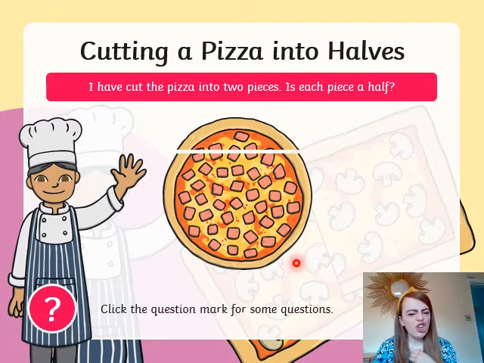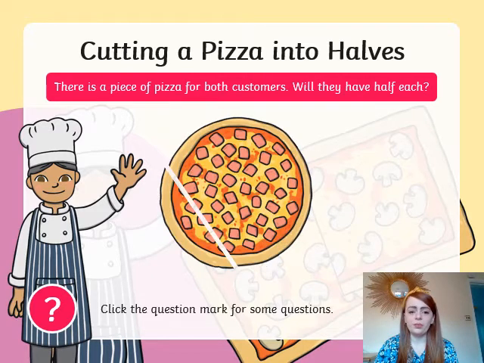Okay, do you think that he has cut this into halves? Think about it. Well, let's see. He's cut it into 2 pieces, hasn't he? So is that 2 halves? Well, I don't think that is 2 halves, boys and girls, because one piece is far bigger than the other piece, and he has not cut this whole pizza into 2 equal parts.